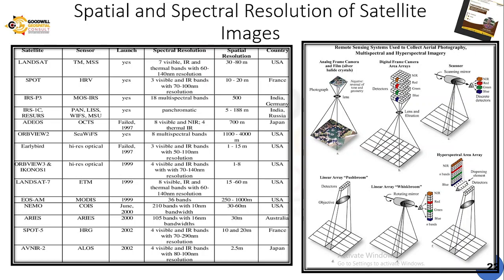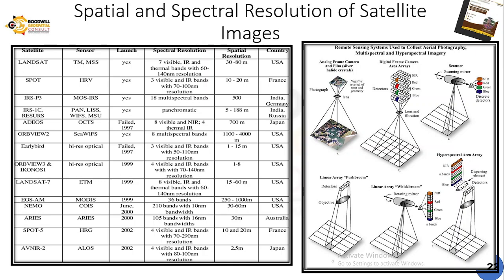It has 8 bands, with visible, infrared, and thermal bands, and operates within the wavelength range of 60 to 140 nanometers. That is the spectral coverage. Now the spatial coverage is 15 to 60 meters. That's good. Now the lowest it can go is 15 meters, and the highest coverage it can go is 60 meters, which is good.